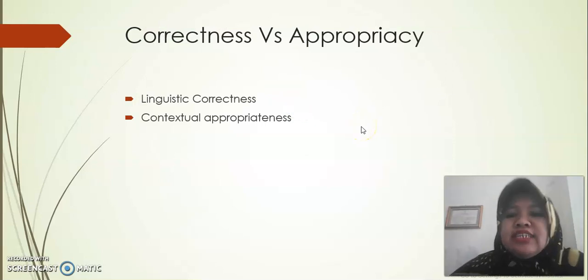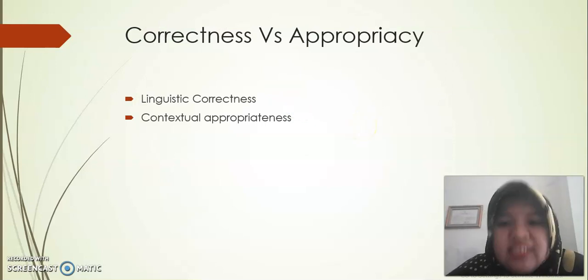How about correctness versus appropriacy? Actually, these are criteria used to score the test too, usually to score the productive skills.